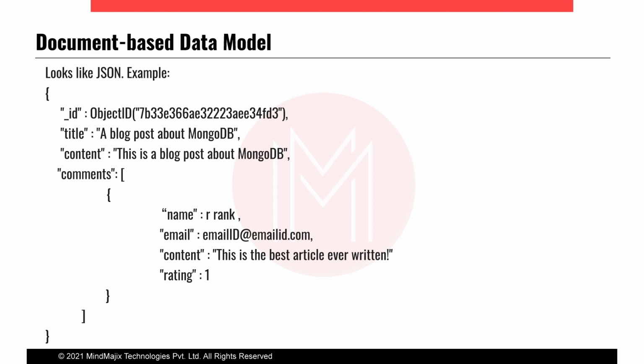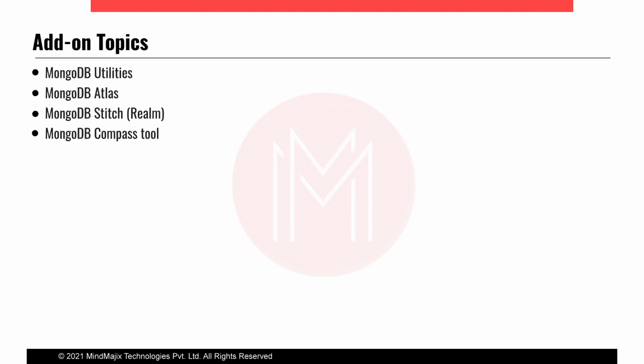So this is the approach we take to interact with the front end using JSON. What are the add-on topics in our MongoDB sessions? There are many utilities in MongoDB, and many of them we are going to add, so it is much better for handling real-time situations, that means real-time scenarios.